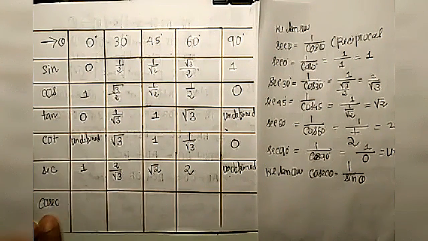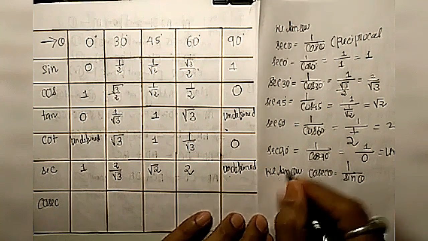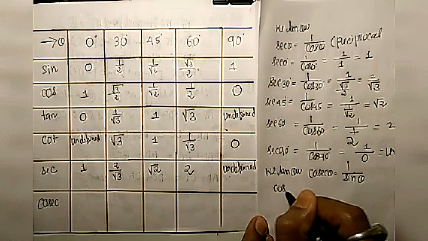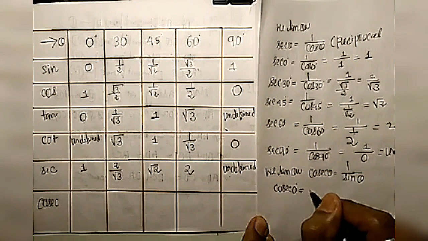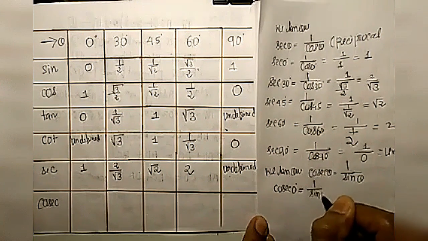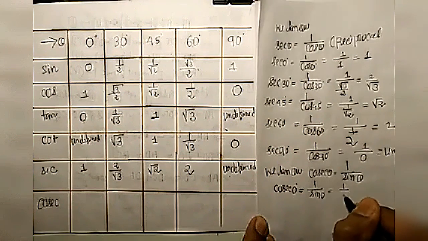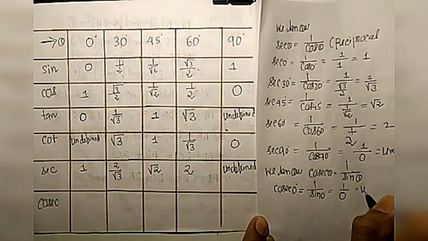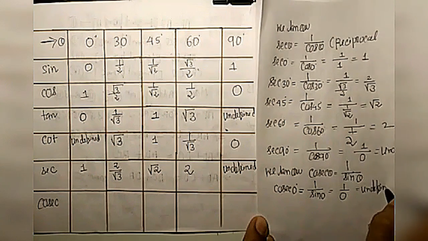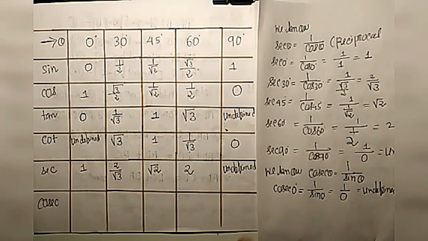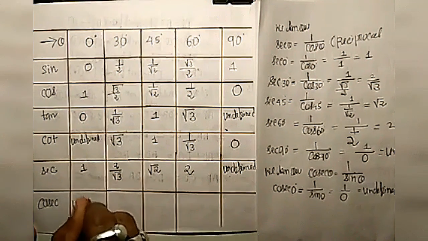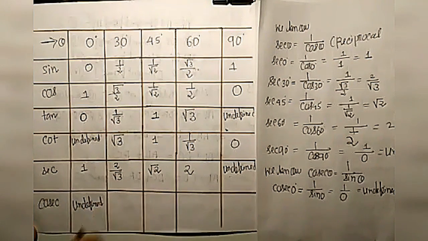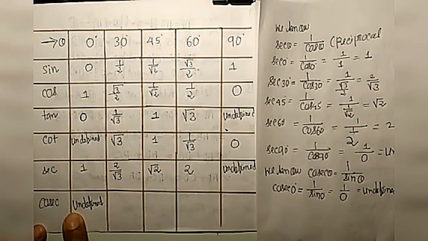So cosec 0 degree is equal to 1 by sine 0. So 1 by sine 0 is 1 by 0. 1 by 0 is undefined. So cosec 0 degree is undefined.